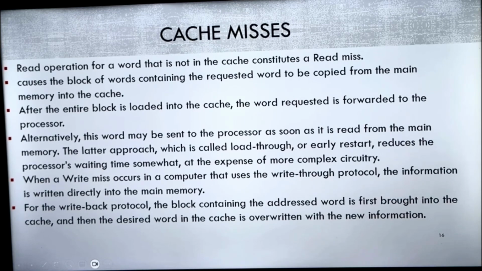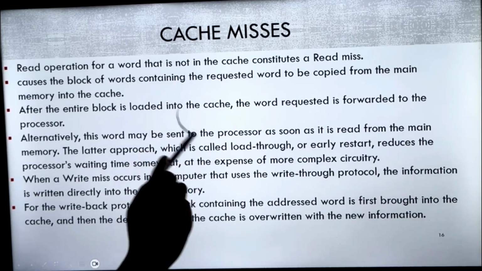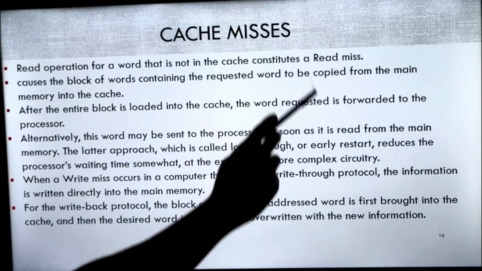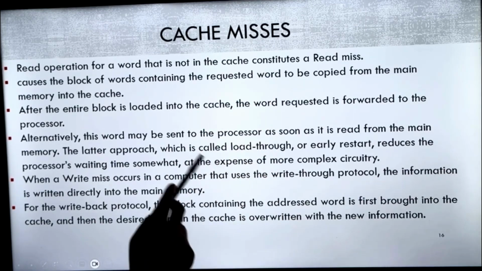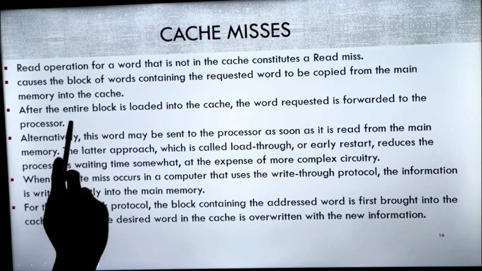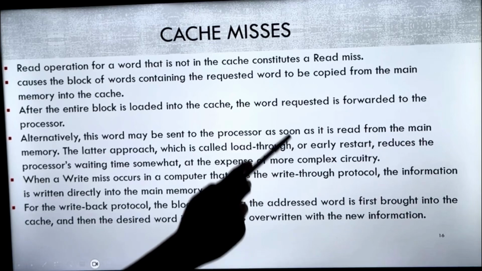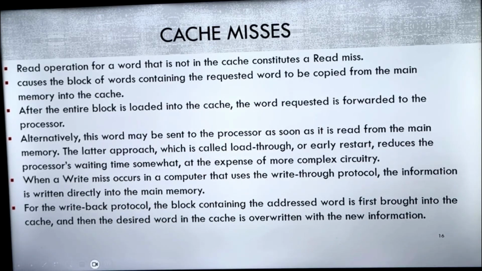There are 2 possibilities. One, if it is a cache miss, your cache memory will look for the data in main memory. Once the data is found, your cache memory will forward the data to the processor. And the second is that your main memory directly sends the data to the processor. There are 2 options, right?